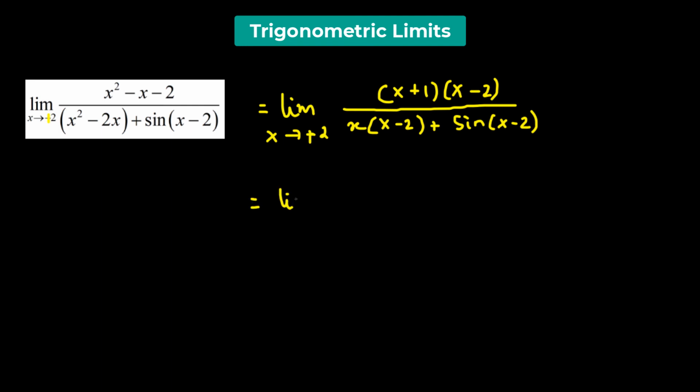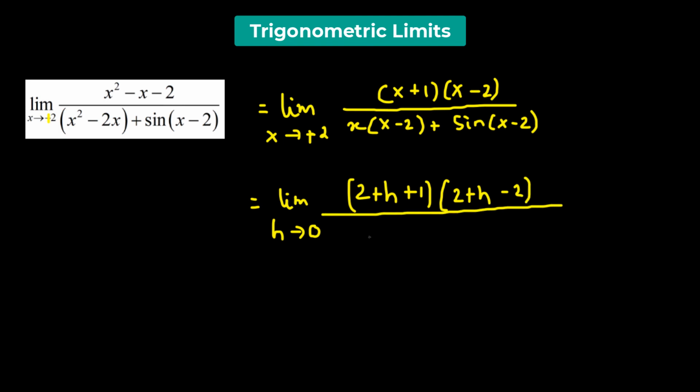So we have limit h tending to 0. So our x will now get substituted with 2 plus h plus 1 multiplied to 2 plus h minus 2. Similarly, the x gets replaced by 2 plus h in the denominator as well. So we have 2 plus h multiplied to 2 plus h minus 2 plus sine of 2 plus h minus 2.